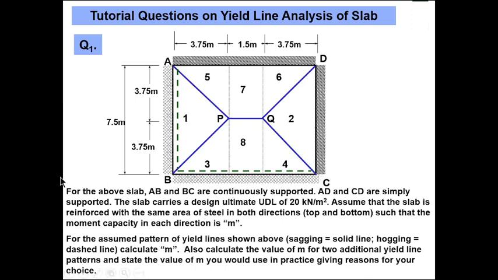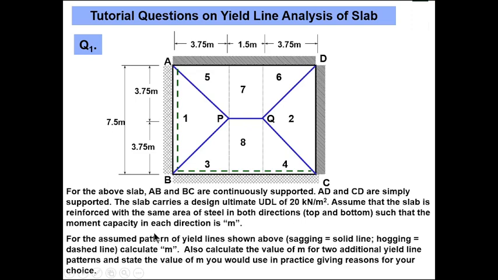Let's look at the question. The question says for the above slab, AB and BC are continuously supported, AD and CD are simply supported. The slab carries a design ultimate UDL of 20 kN per meter squared.